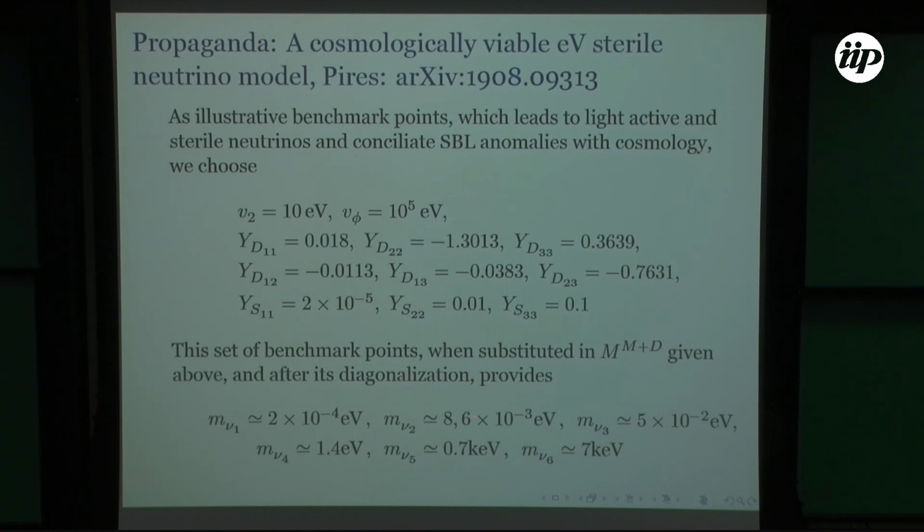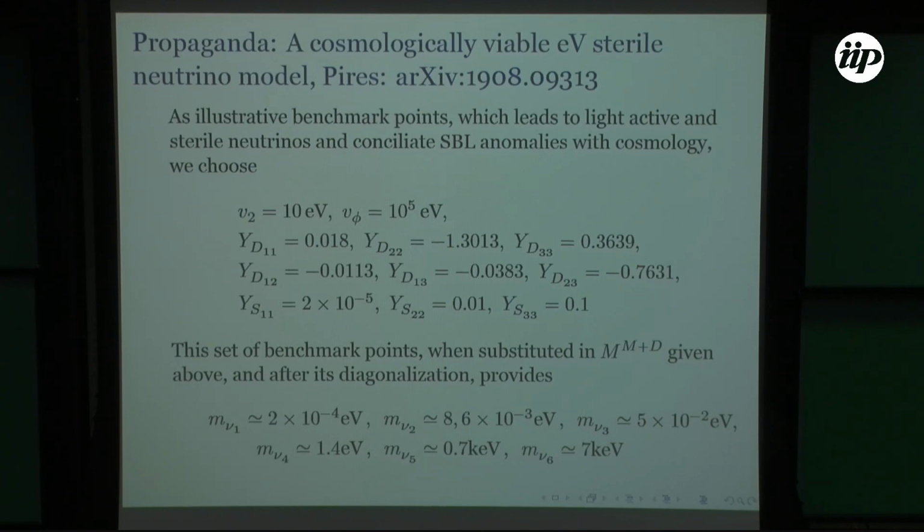The first three masses are the active neutrinos, and with those masses we explain solar and atmospheric neutrinos. And this set of Yukawa couplings, this set of values for these parameters, gives a fourth neutrino with mass in the eV scale, and two other light sterile neutrinos. But this is sufficient to explain LSND and MiniBooNE experiments. But you need the mixing.